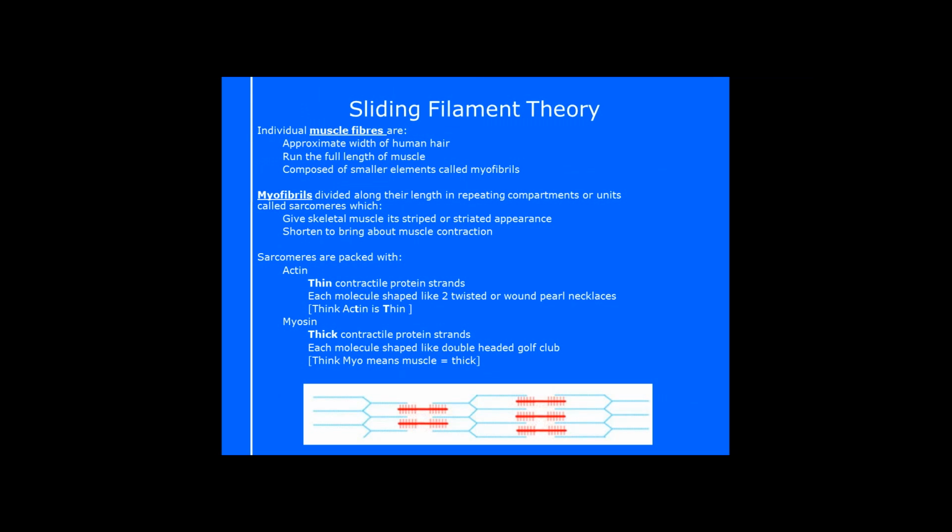Now, what's happening is that we have ATP, which you'll know from your energy system section, adenosine triphosphate, sitting on the end of these golf club heads. And then as that attaches with the actin, they draw each other together. If you imagine a concertina effect, this is exactly the same.